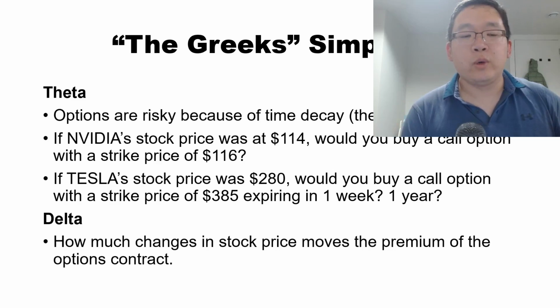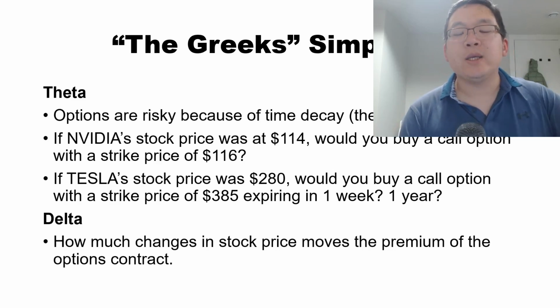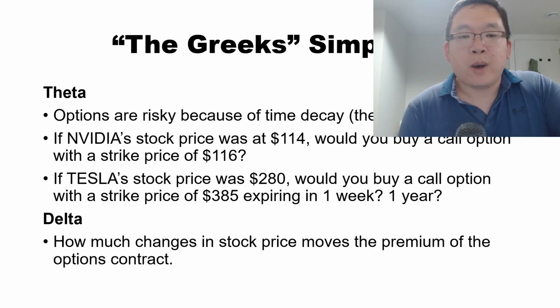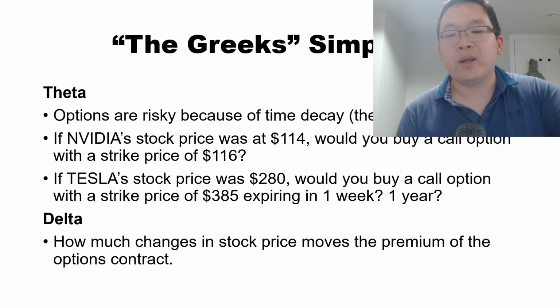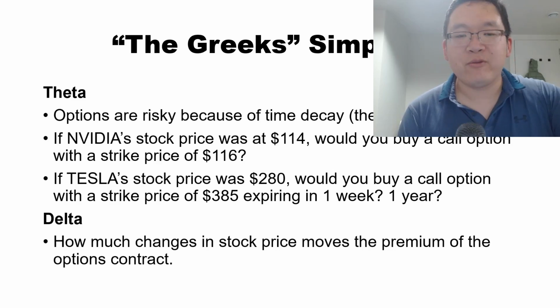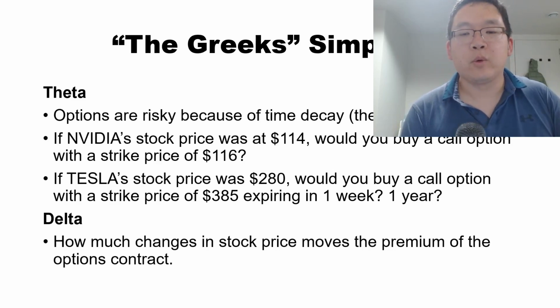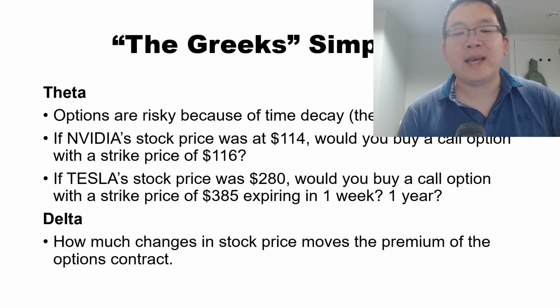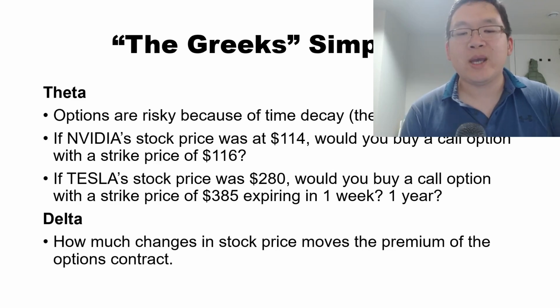But what if you are really bullish on Tesla and you had a year? Then maybe you're willing to buy it, because you have a year for 280 to turn into 385 or go above 385, making this call option more valuable. That's because theta has not decayed the contract that much yet.